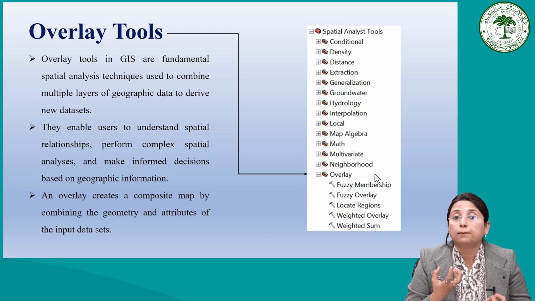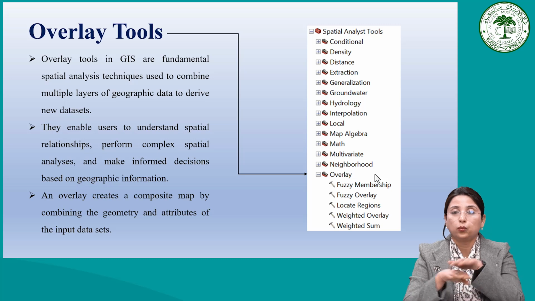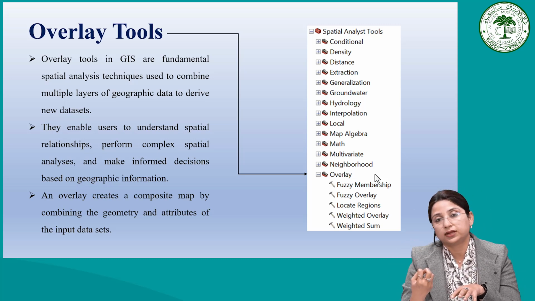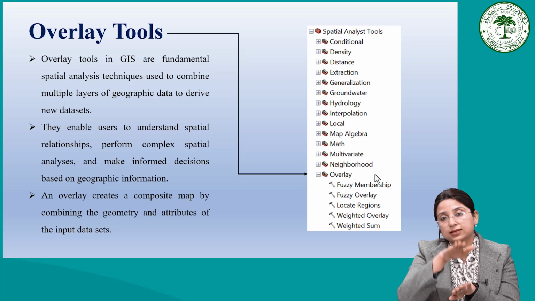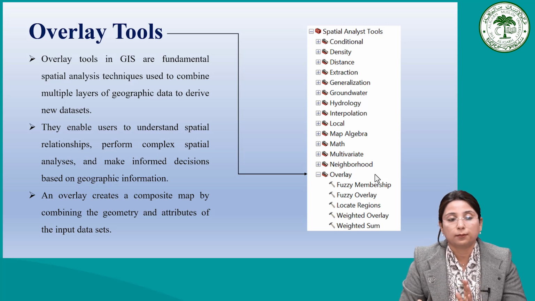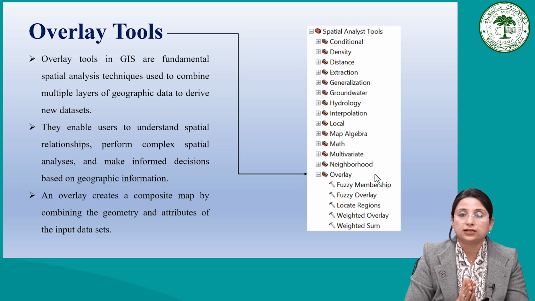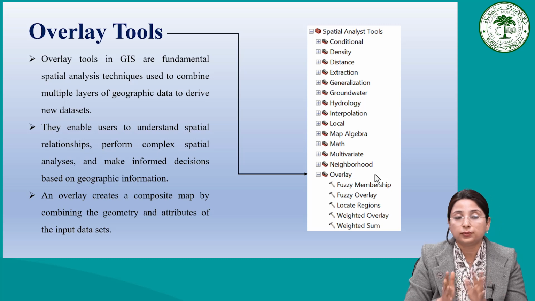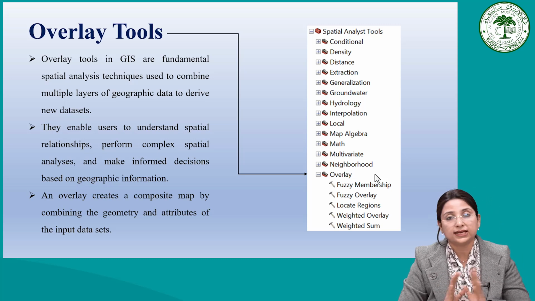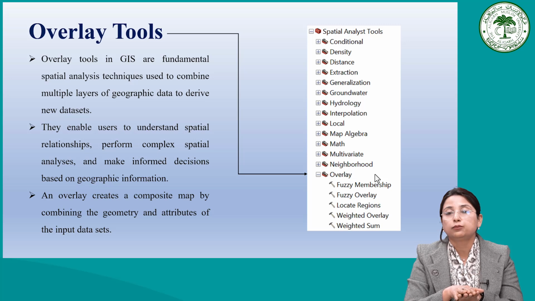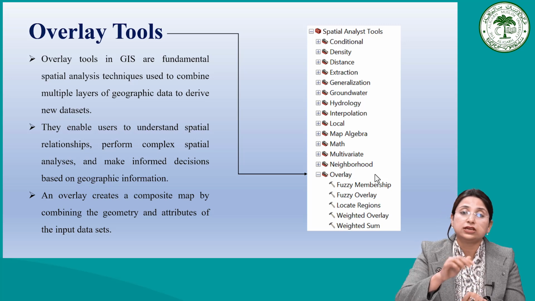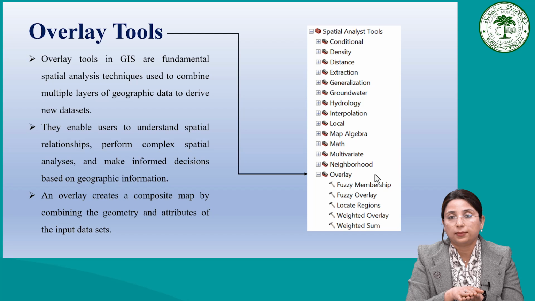It creates a composite map. If we are overlaying and finding out something, it means we are combining all these layers in order to get a composite map by combining the geometry and even the attributes of the input data. We are combining everything, the geometry of the input data and the attributes of each input data that has been combined.